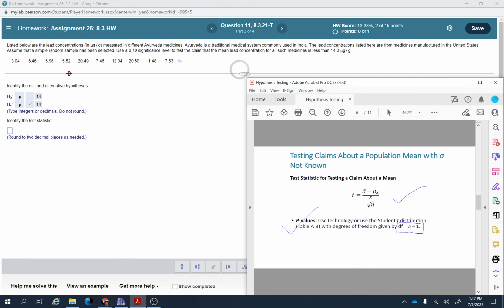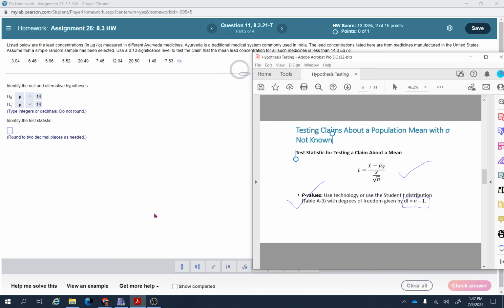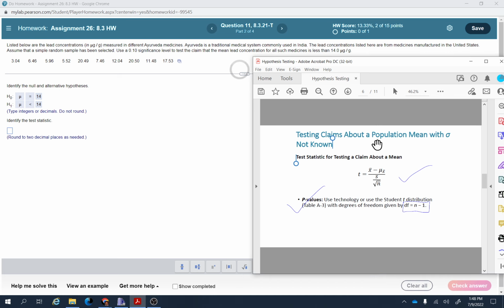In this case, you don't have those values given, but you can calculate them because the sample size is very small. You need to find the sample mean and the sample standard deviation. The population mean is already given, that is 40. These are the two things, and you can use the calculator for finding those values.